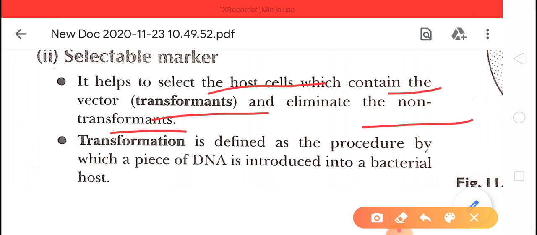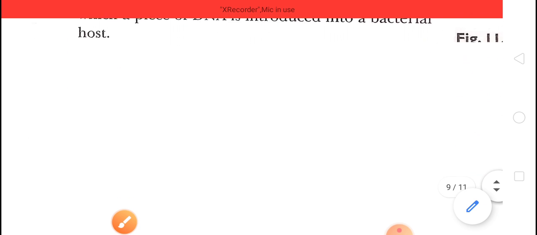Transformants are recombinant, and non-transformants are non-recombinant. So if we introduce the rDNA into the host and we want to identify the rDNA, we use the selectable marker.